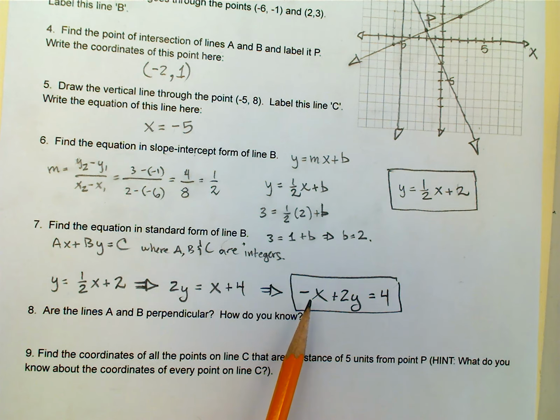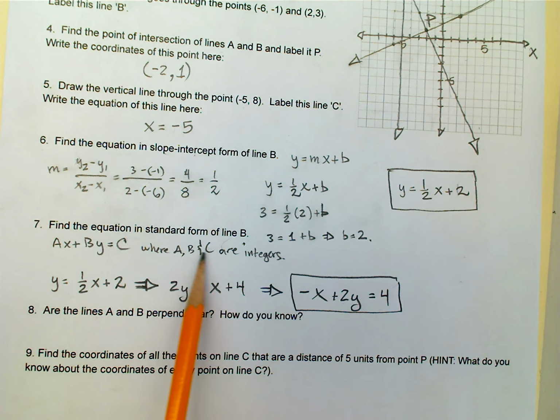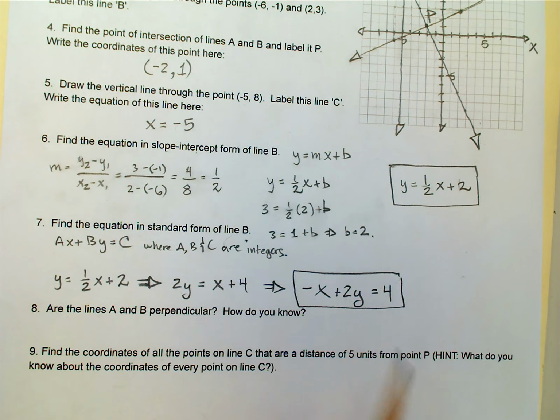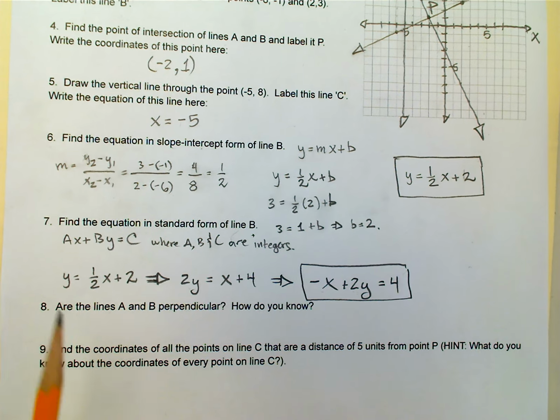That's an integer. My coefficient of y, that's 2, also an integer. And then my constant term is 4, also an integer. So I meet this requirement of standard form, and I've written my terms in the proper order. The term with the x, plus or minus a term with the y, and that equals the constant term.